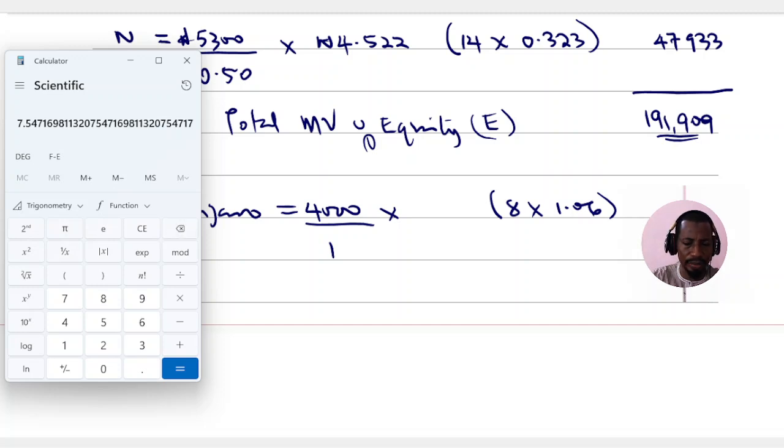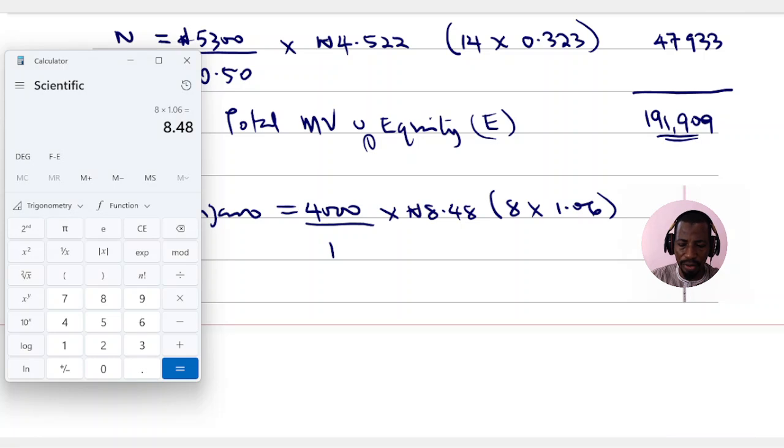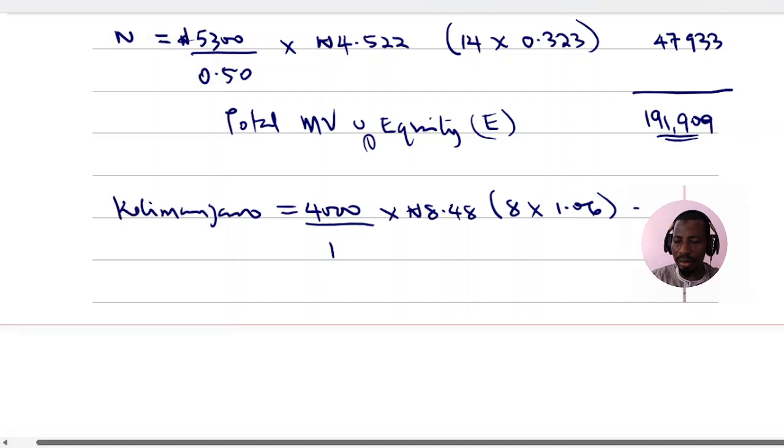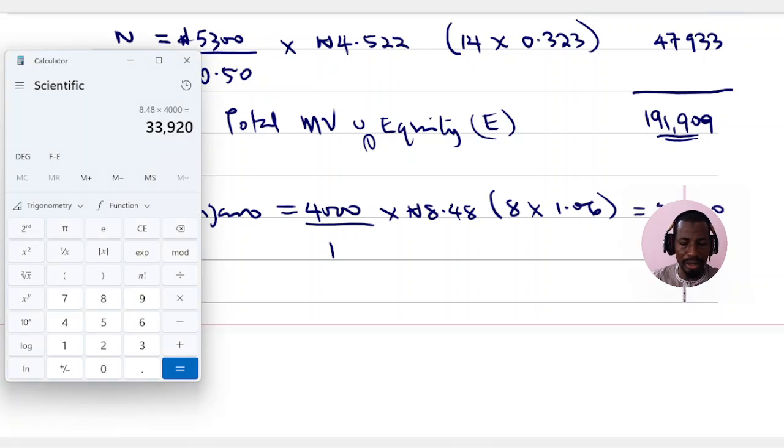Let me do it again. 8 multiplied by 1.06 is 8.48. Here is 8.48. So 8.48 multiplied by 4,000 is 33,920. Okay, that's the total value of equity of the main company.